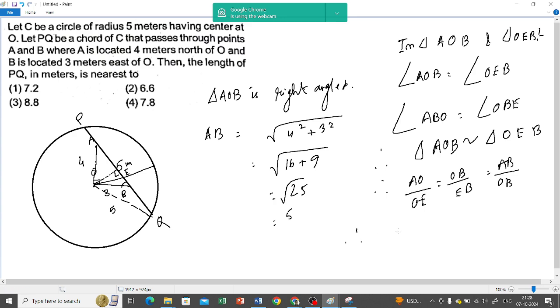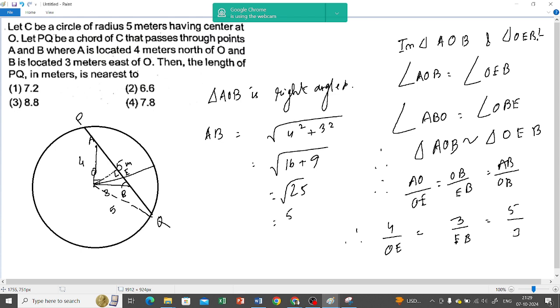Right? Now what is AO? 4. What is OE? OE জানি কি? OE জানি না, বেশ ভালো কথা। What is OB? 3. OB টা 3. What is EB? জানি না। What is AB? 5. What is OB? 3.